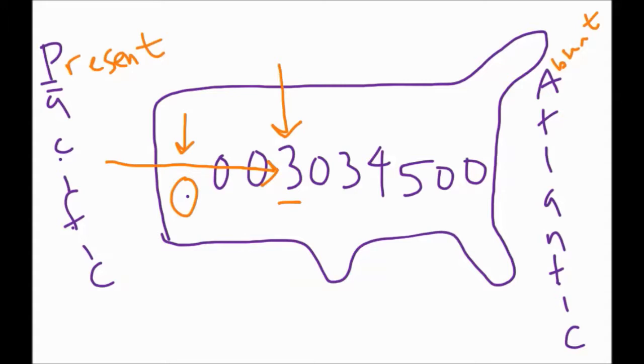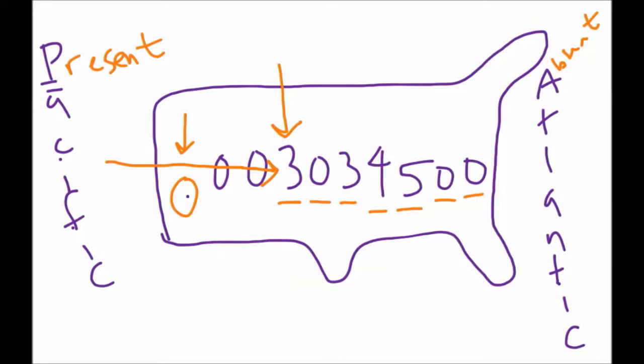So moving to the right then, 1, 2, 3, 4, 5, 6, 7 sig figs, just like what we got using the rules. Again, the P for Pacific Ocean stands for present, or the fact that there is a decimal in the number, and the A stands for absent, or there is no decimal that we can see in a number.